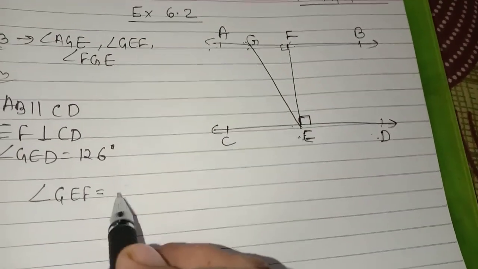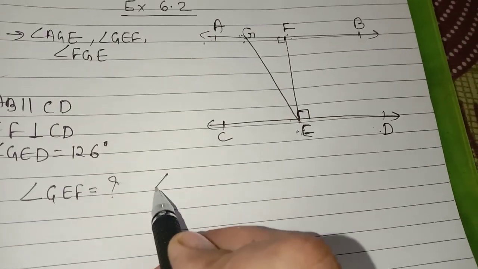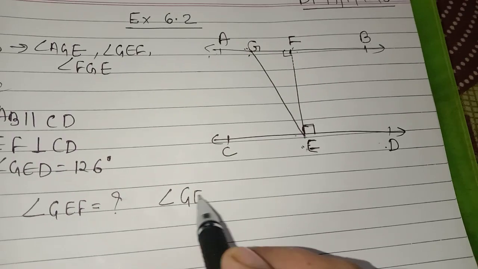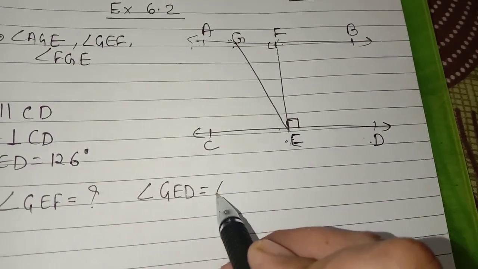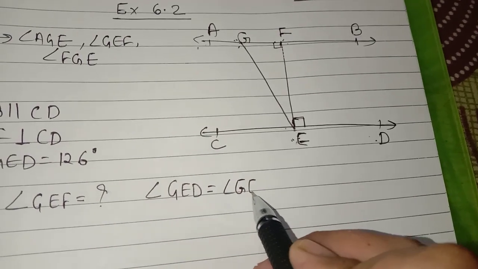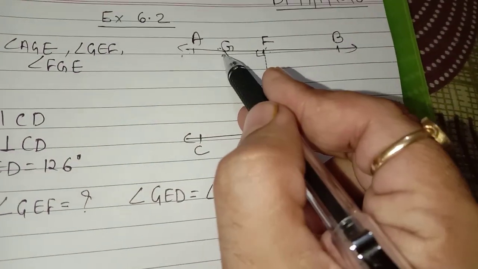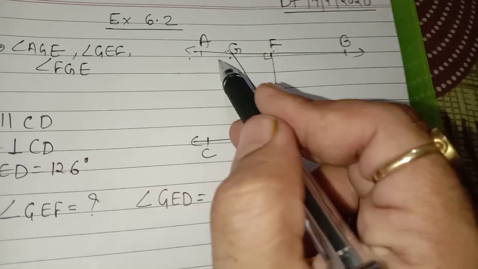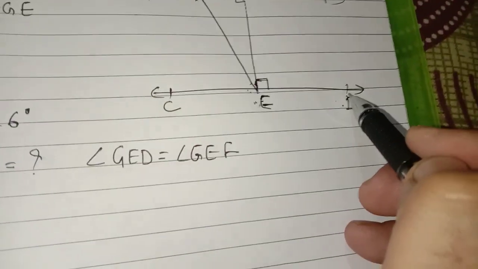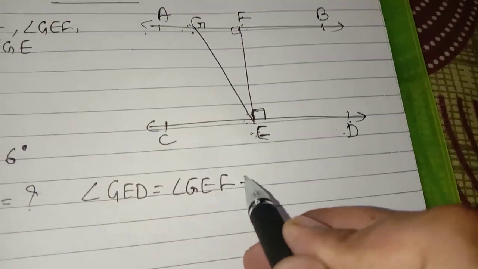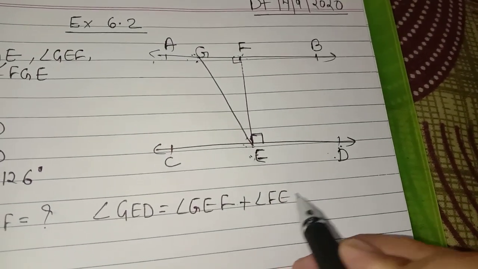Actually I have to find GEF. So I will start from angle GED. Write like this: GED is equal to angle GEF. GED is the exterior angle and GEF and FED are two adjacent interior angles.